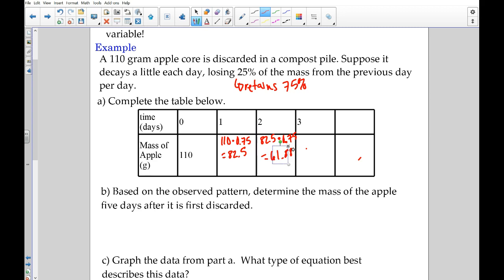Then day 3 you can do the same type of calculation and get 46.4. These are all in grams. Based on the pattern, you can continue this for 5 days. At day 5, you end up getting 26.10 grams. Please feel free to confirm this by pausing the video.